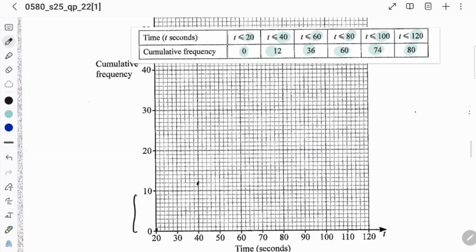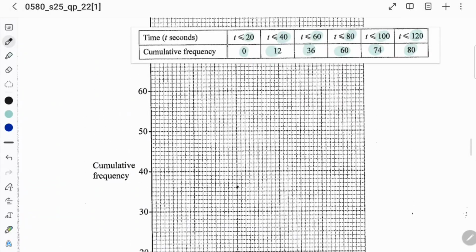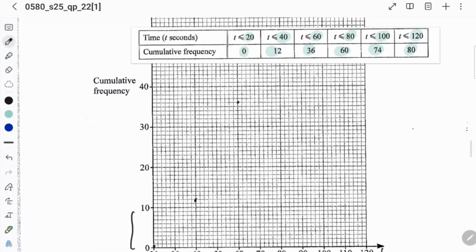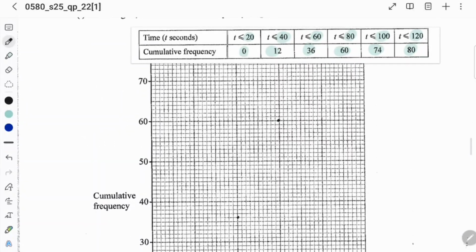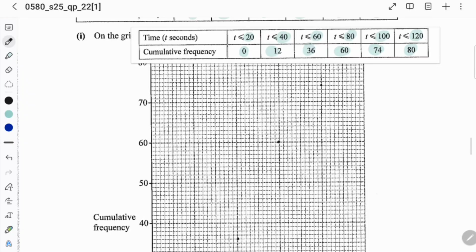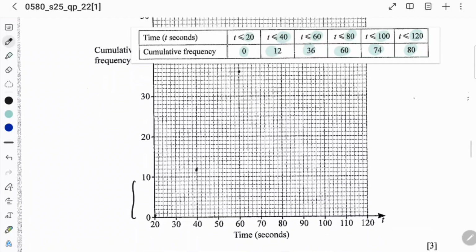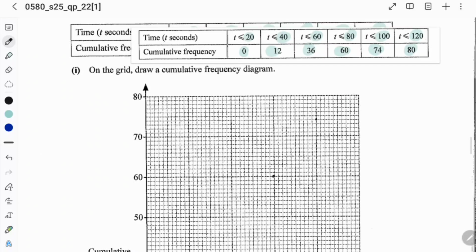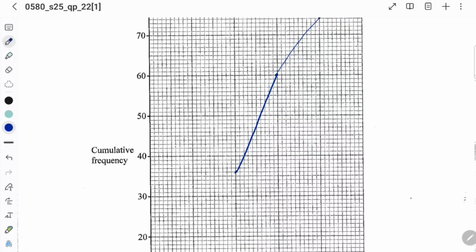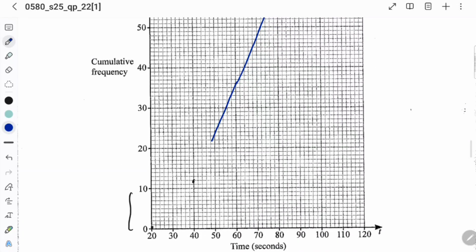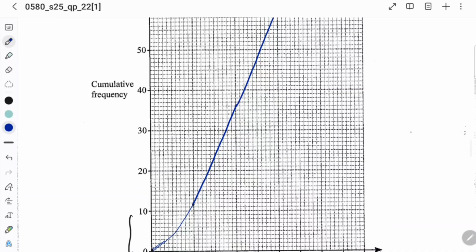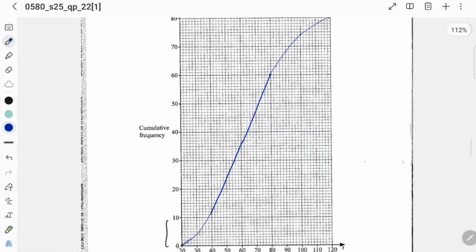And then we'll have 80 and 60 as the next point. And then afterwards 100 and 74, and 120 and 80 is the last point. Join it. All right, so this is your cumulative frequency curve.